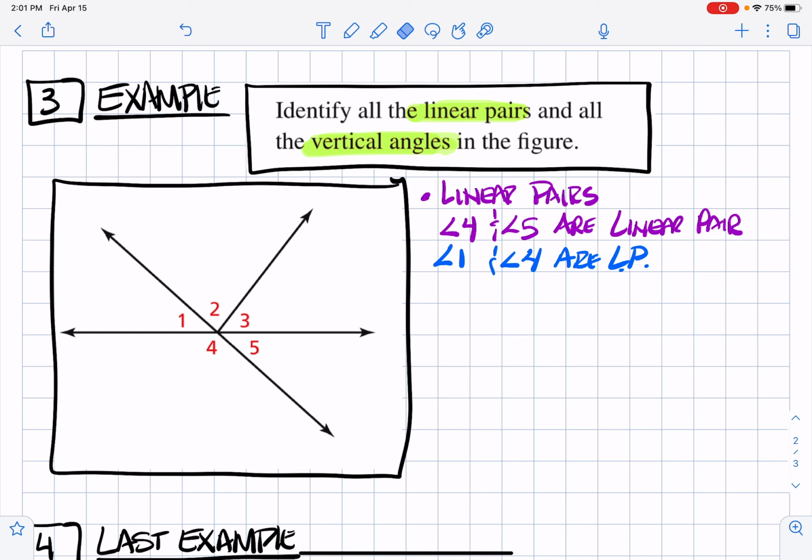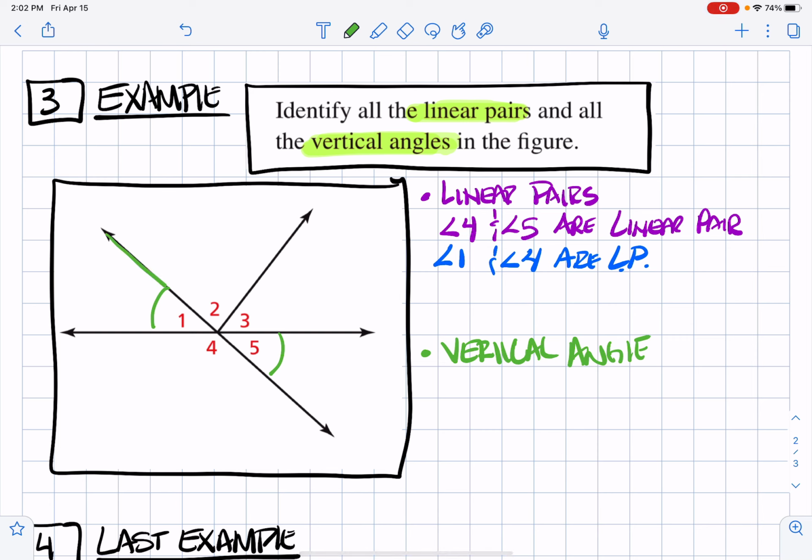And then it says to identify the vertical angles. So let's change up the colors here. Let's go green. So which ones are vertical angles? Remember, we're looking for two angles whose sides make opposite rays. So a vertical angle here could be angle 1 and 5, right? Because they're across from each other, and they make opposite rays.